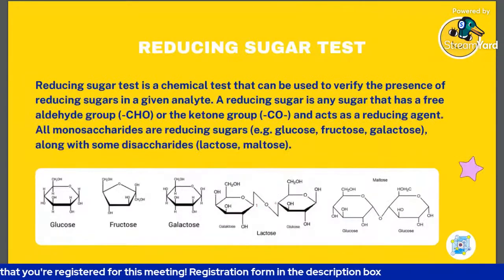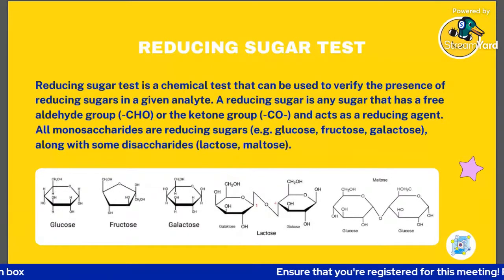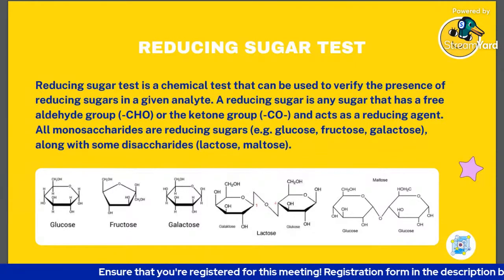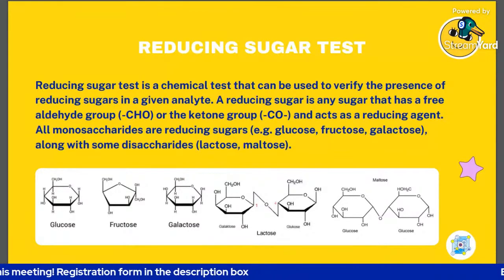So starting with the reducing sugar test. The reducing sugar test is a chemical test that we use to verify the presence of a reducing sugar. And by reducing sugar, we are talking about sugars or monosaccharide carbohydrates that have a free aldehyde or ketone group.